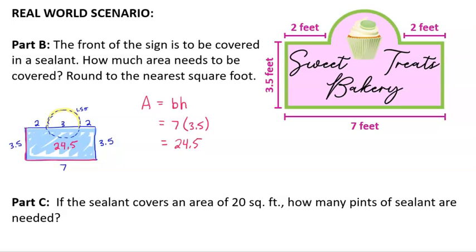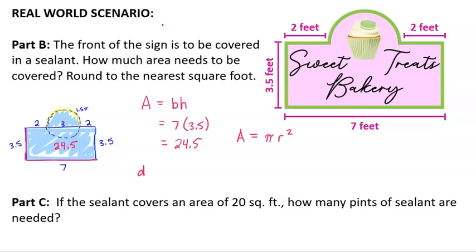And then we're also looking for the inside of this semicircle. And we already found the diameter in part A. And our formula for the area of a circle is pi r squared. Well, we don't have the radius, but we do have the diameter. The diameter was 3.